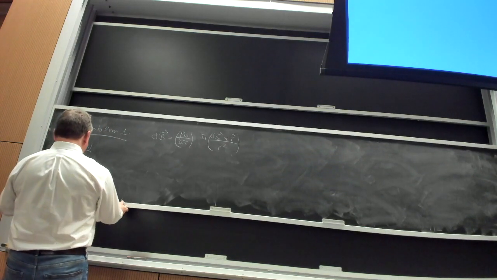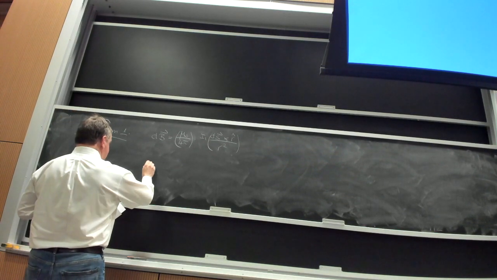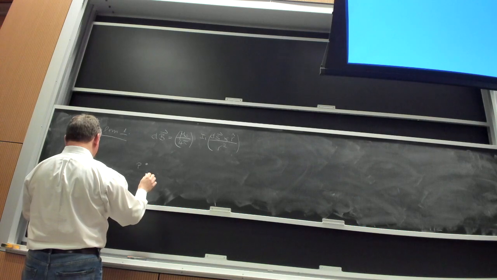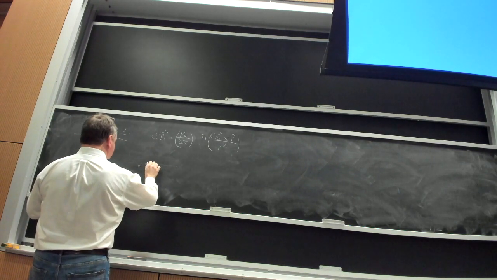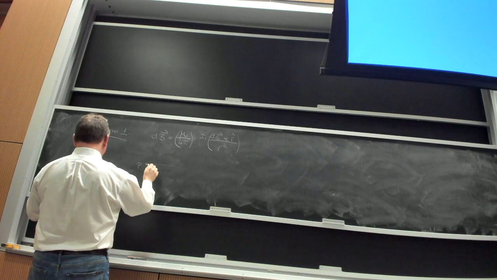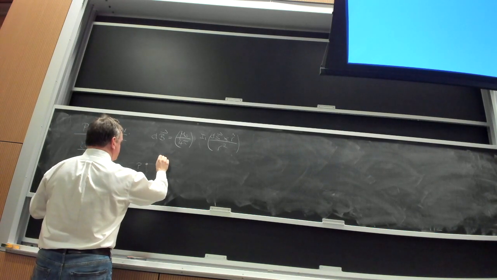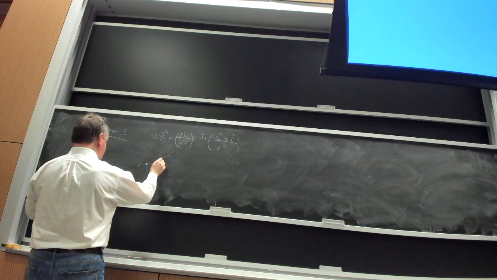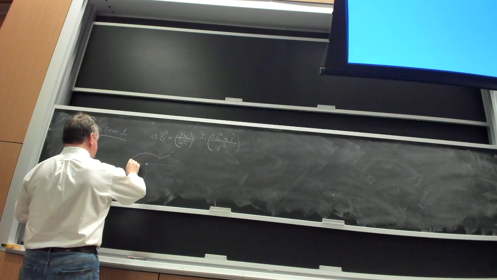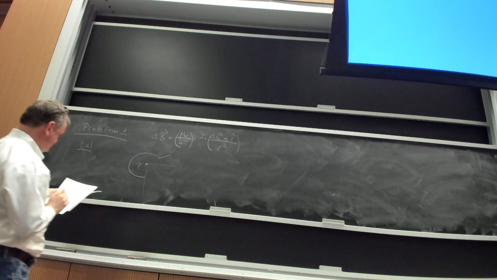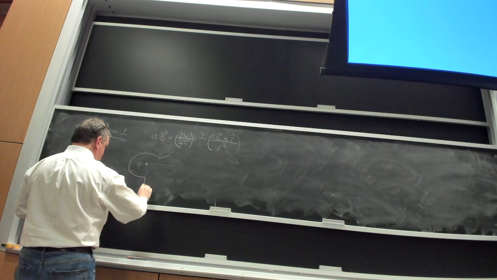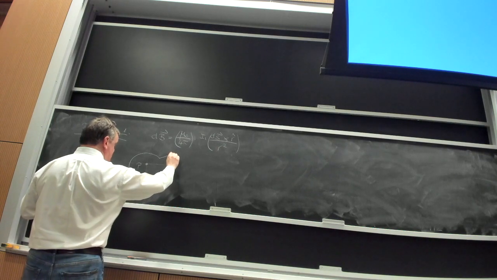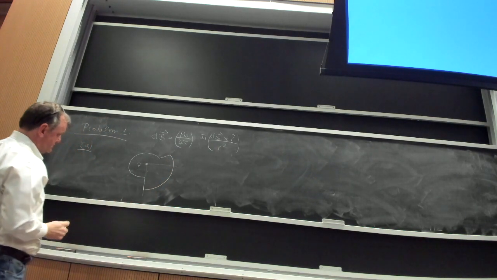Let me re-sketch this here. So here's that point P. And then, let's see, this is 30 degrees here. You have the smaller circular section of 240 degrees, and then this connects to this 120 degree section.